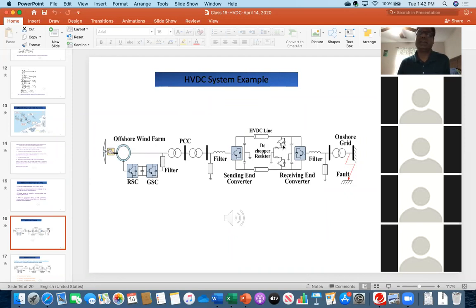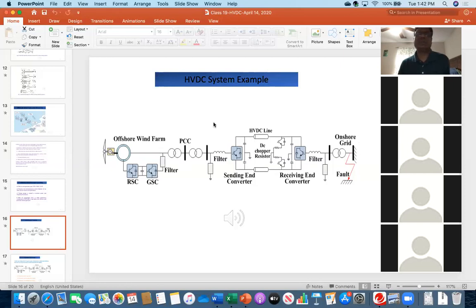For protection purposes, there are two types: when this is working, this is not working, or when this is working, this is not working. For safety purposes, there are two. So these are the basic configurations of the HVDC system, which connects the offshore grid system to the onshore grid.